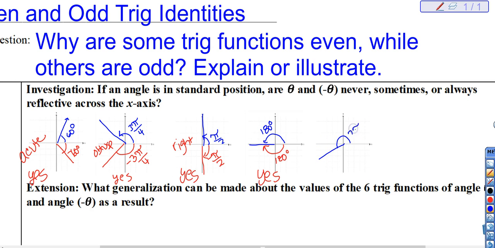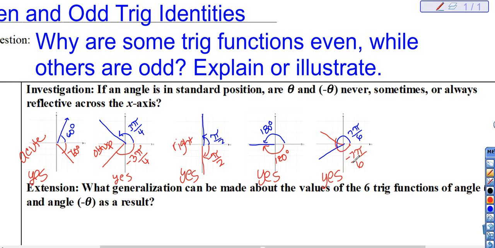So I'll just write in blue, 7 pi over 6. So that's 2 quadrants and then another 30 degrees, or another pi over 6. So if we go in a negative rotation, 1 quadrant, 2 quadrants, and then another 30 degrees, or another pi over 6, negative 7 pi over 6. Okay, so even our reflexive angles are reflective.